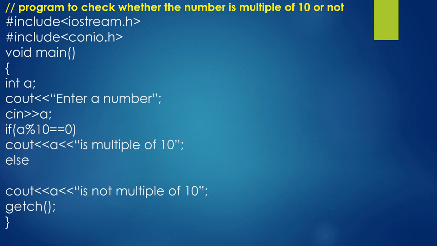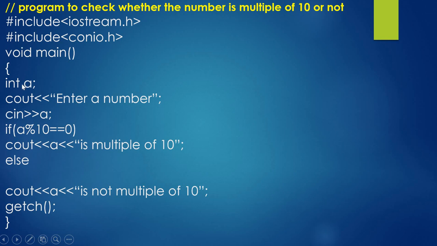Then which operator is used to find the remainder? Yes, the mod operator. The mod operator is used to find the remainder. See here, how many inputs do we require in this program? One and only one input. One number is required.